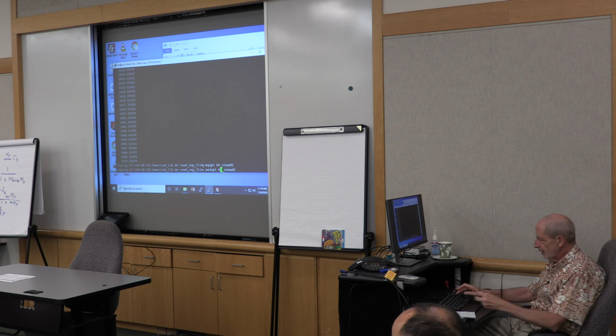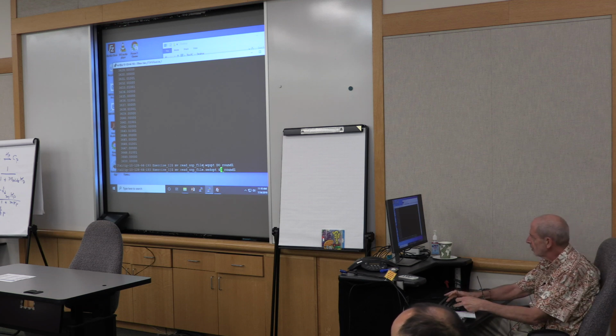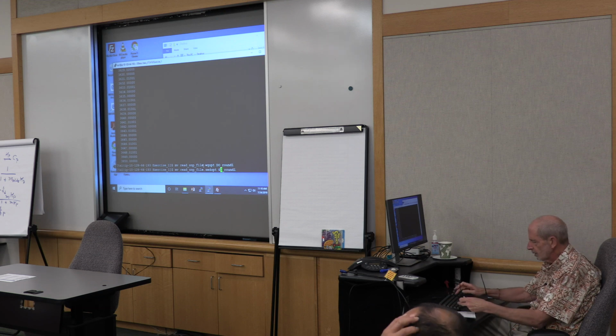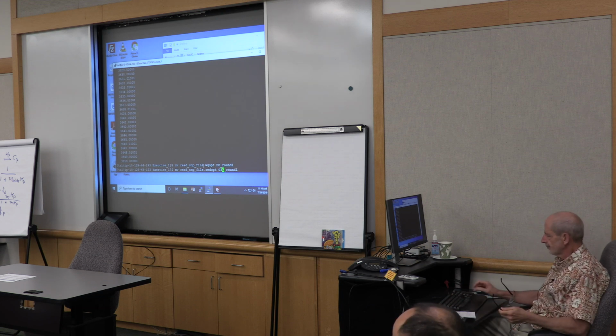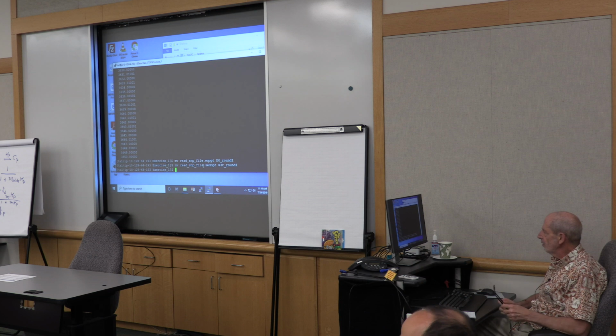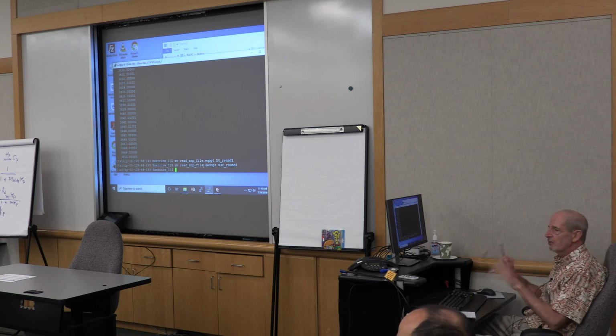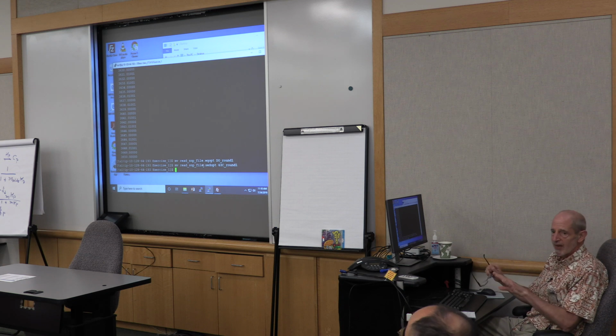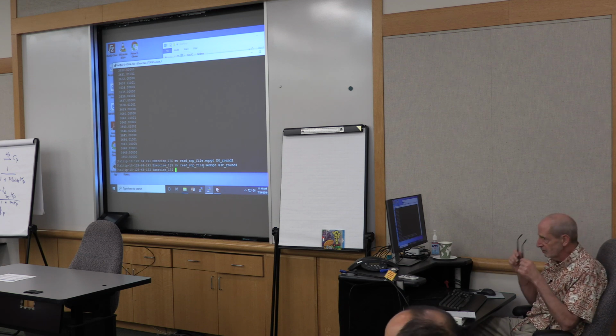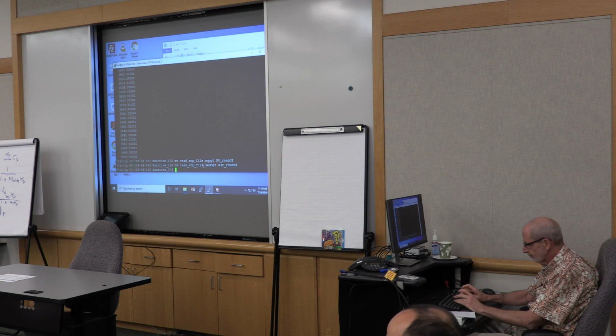We're going to backspace, and we're going to type in a 3. Now, if you don't like backspacing and up arrowing, you're perfectly free to type all these commands in from scratch. There's no problem at all.